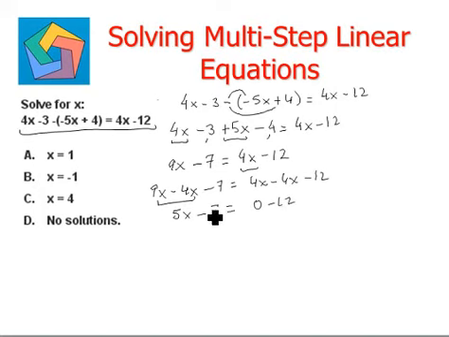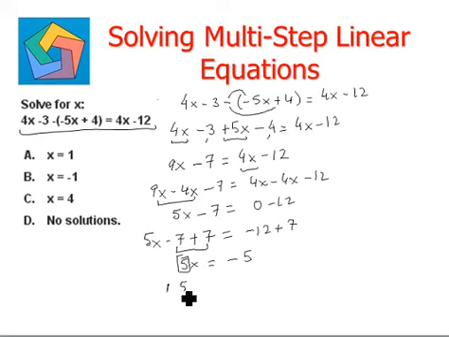We'll take the 7 to the other side by adding 7 on both sides. 0 minus 12 is negative 12 plus 7. Now this becomes 0 and we'll have 5x equals negative 5. Now we have to make the coefficient of x as 1, so we divide by 5 on both sides.